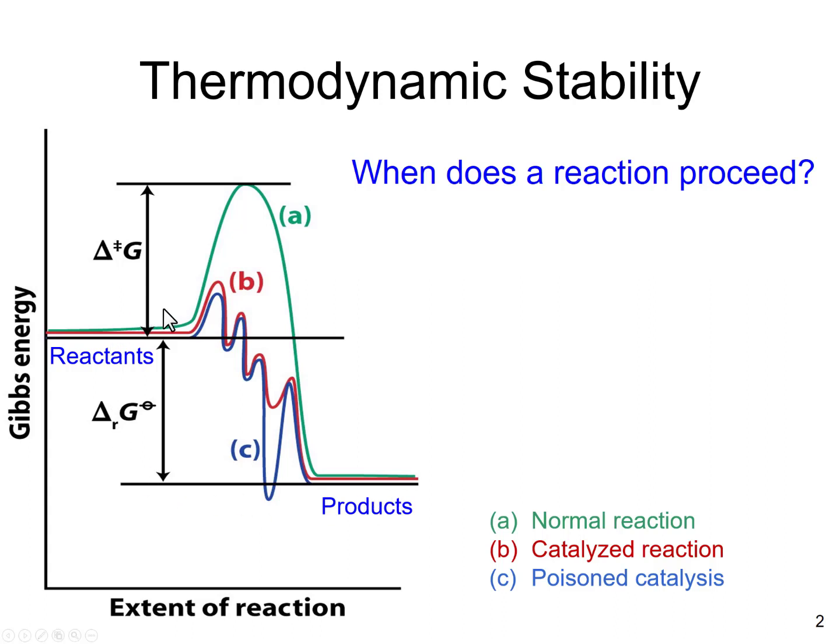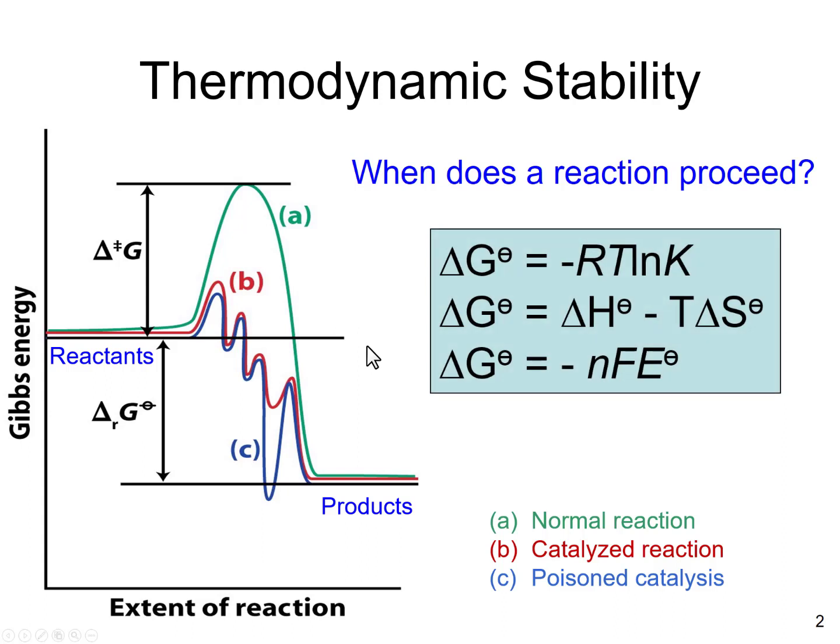Now what you can see here also is that the free Gibbs energy must always be negative for a reaction to occur. In other words, the combined energy of all the products must be lower than that of all the reactants. Now the free Gibbs energy has three equations that we are concerned with.